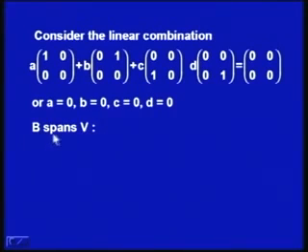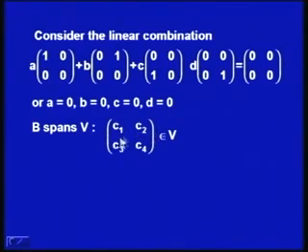Now, we have to see that B spans V. So, we consider (C1, C2; C3, C4), a 2 by 2 square matrix belonging to the vector space V. Then any such square matrix of order 2 can be represented as a linear combination of these 4 vectors.